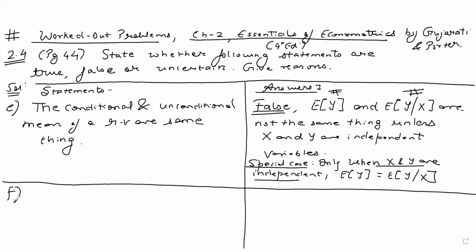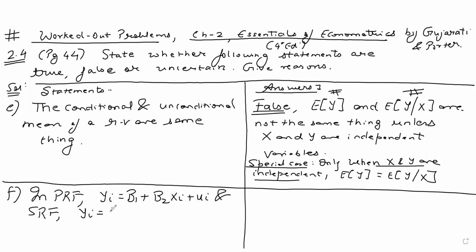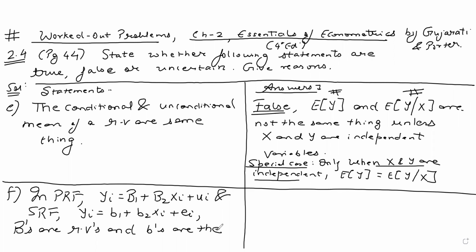So statement F. In the population regression function yi equals b1 plus b2 xi plus ui, and the sample regression function yi equals small b1 plus small b2 xi plus ei, we are given that capital B's are the random variables and small b's are the parameters. Again, it's a false statement. You can clearly see.